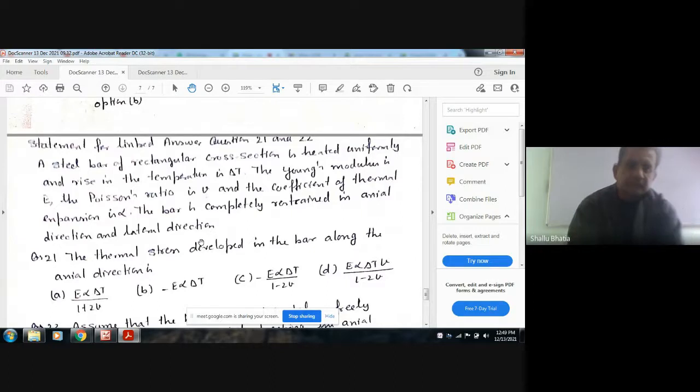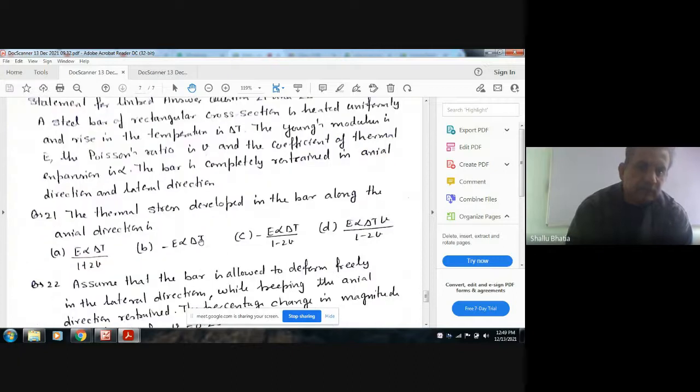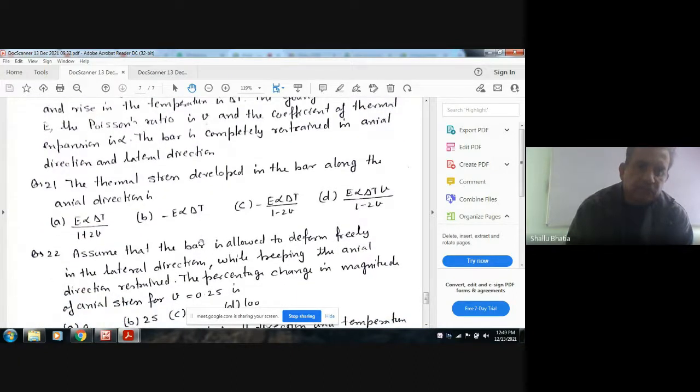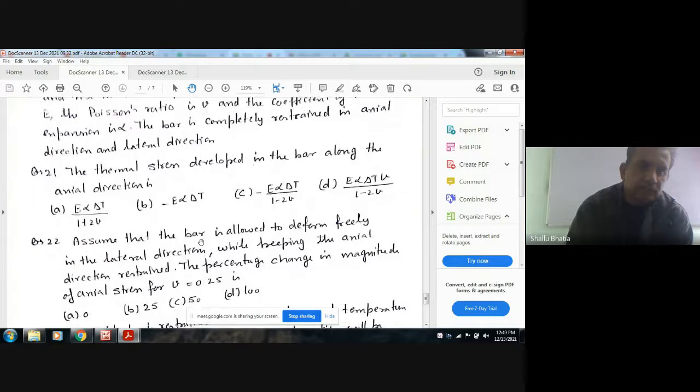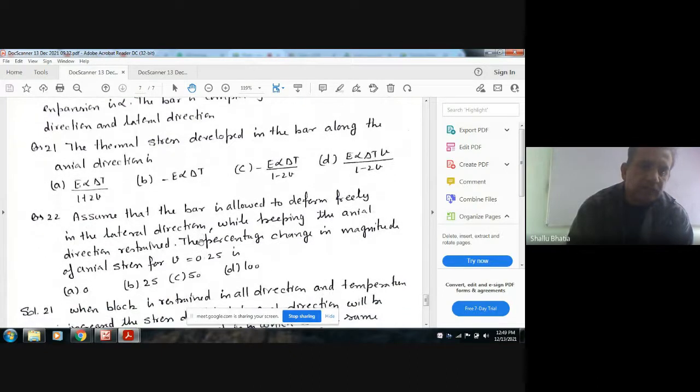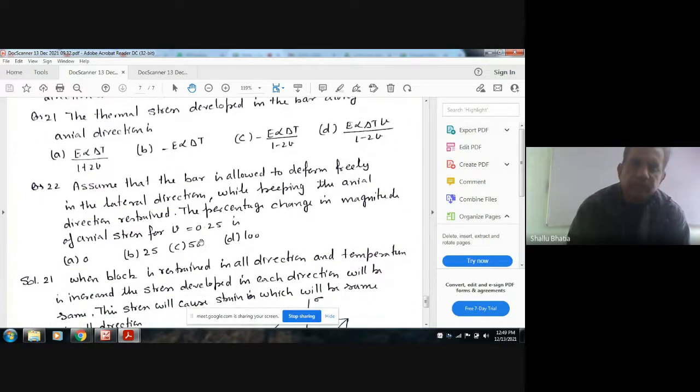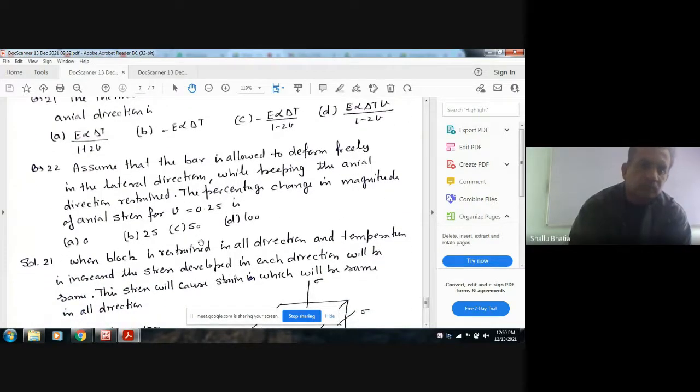The bar is completely restrained in axial and lateral directions. The thermal stress developed in the bar along the axial direction is: option A, E alpha delta T divided by 1 plus mu; B, minus E alpha delta T; C, minus E alpha delta T divided by 1 minus 2 mu; D, E alpha delta T mu by 1 minus 2 mu.